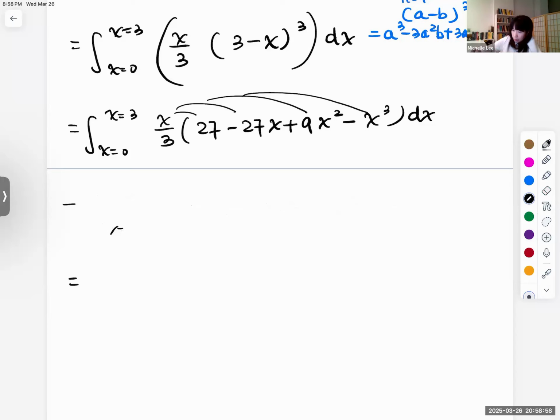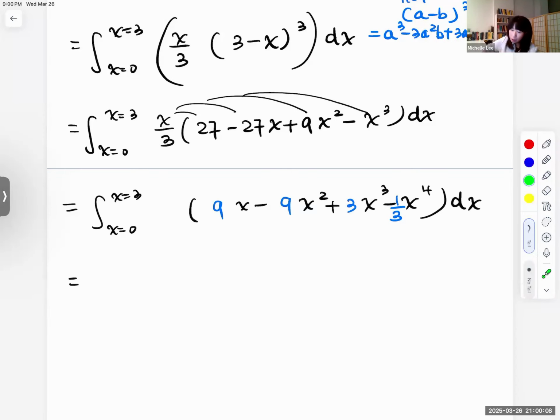Normally I keep the constant outside, but I distribute everything with x over 3.